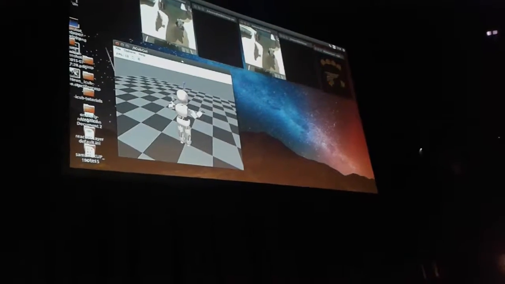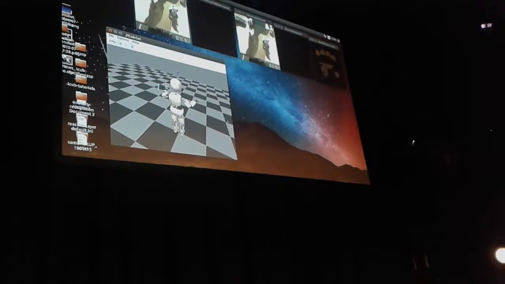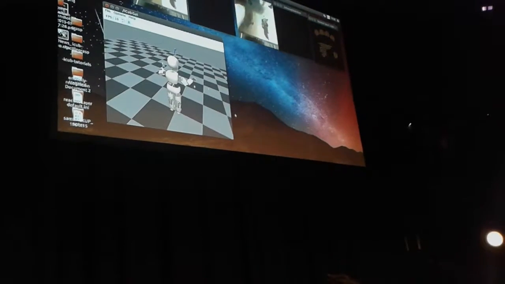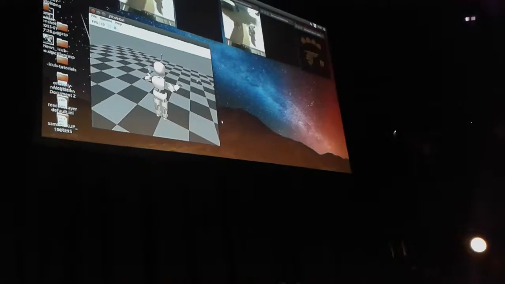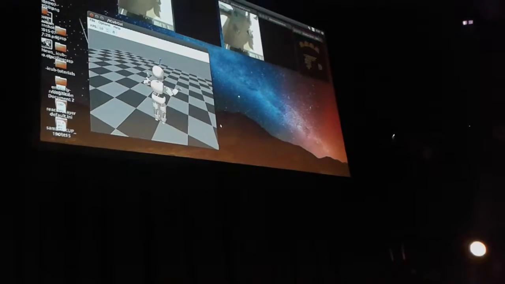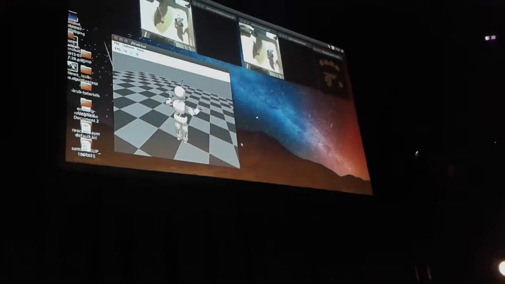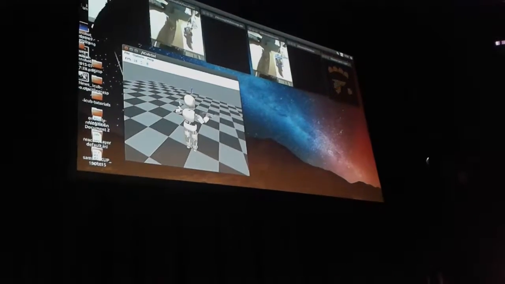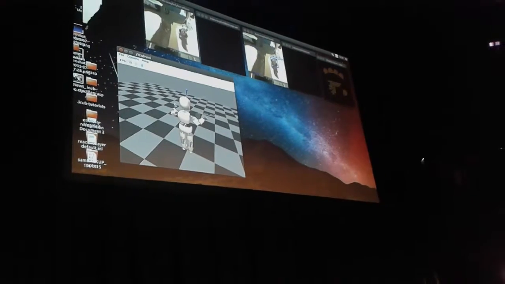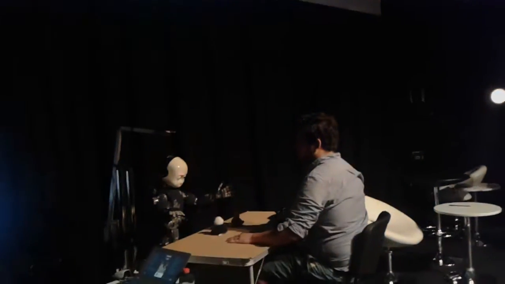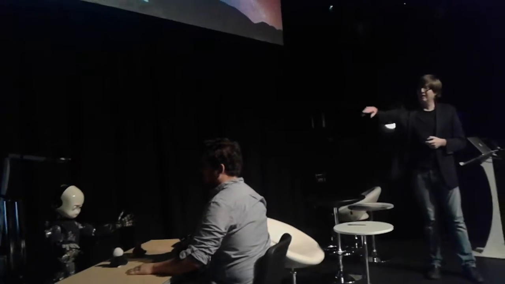So this is his model of the world and what's happening. Of course, he's got a model of himself in the world, and he'll also have a model of Daniel in the world. To create the model of Daniel, we're using a mixture of vision, and also we have Microsoft Kinect, which is the thing above iCub's head.